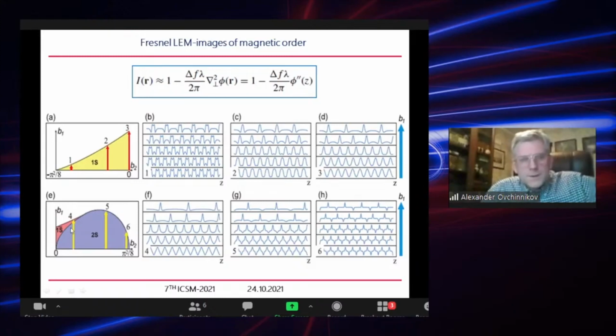And the same procedure was done for the 2S phase. Here scans are shown by yellow arrows. Our strategy is the following. We fix a B2 parameter, which responds to tensile deformation.